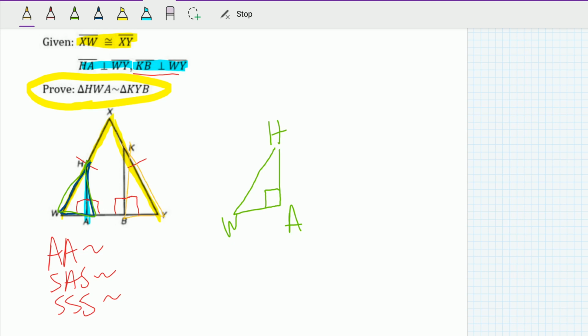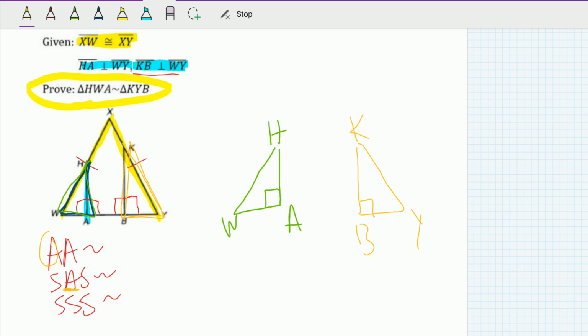So KYB. So then it's basically like the other little triangle there. So we have KYB, and then because of the perpendicular, we have the little right angle there. So if you notice already, we technically have an A right here. This one could potentially be the A, but we need the sides.